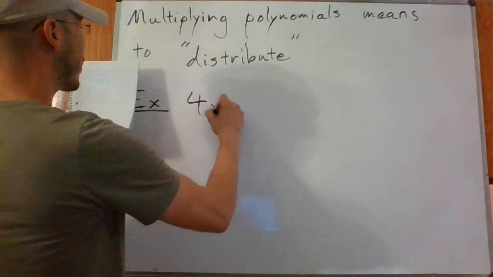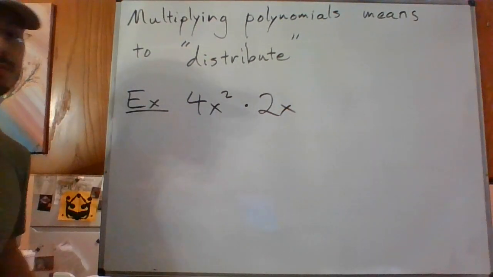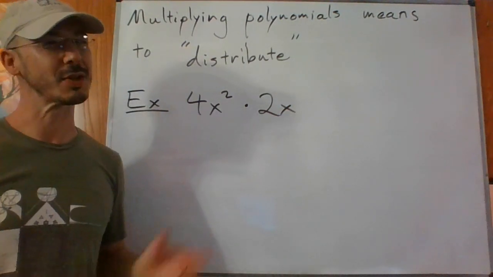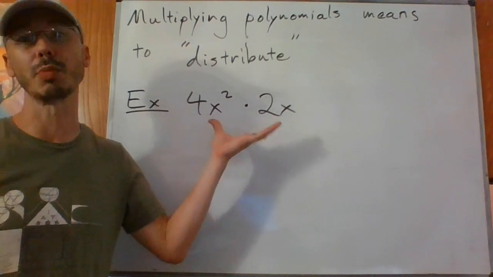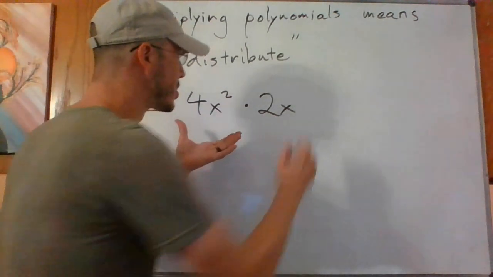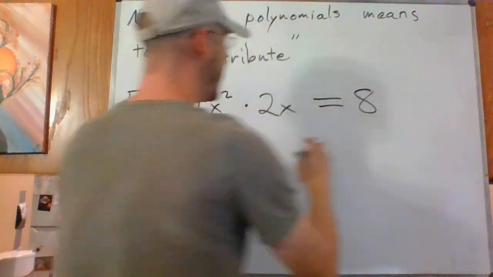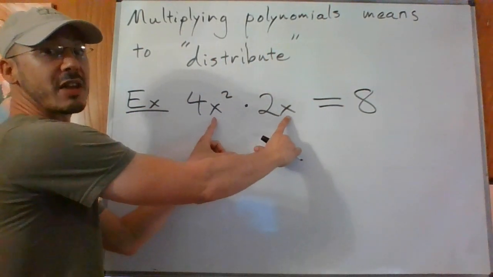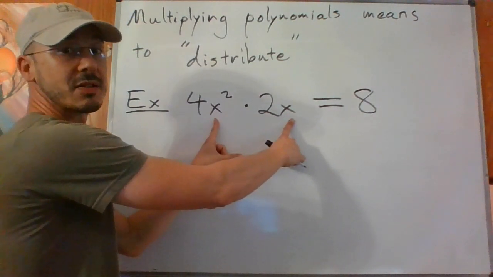First, 4x squared times 2x. That's multiplying. Actually, there really isn't anything to distribute with this because they're both monomials. I need to just multiply the coefficients. 4 times 2 is 8. And multiply the variable components, x squared times x.